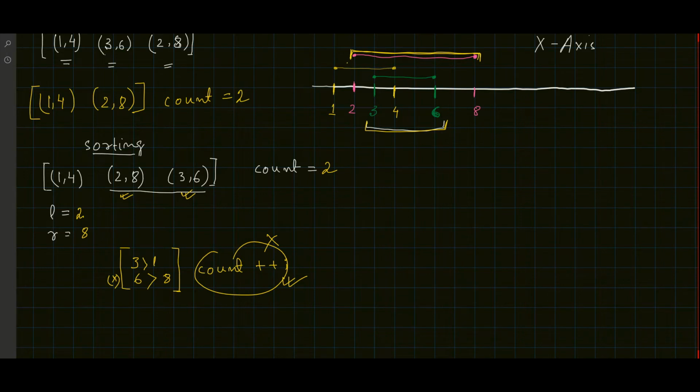If we look at the x-axis, when we encounter such a case where 3 is greater than left but 6 is not greater than right, and this condition is not satisfied, it means that we have encountered an interval which comes under the umbrella of another interval. So the count still remains 2, and this is the answer that we have to return.